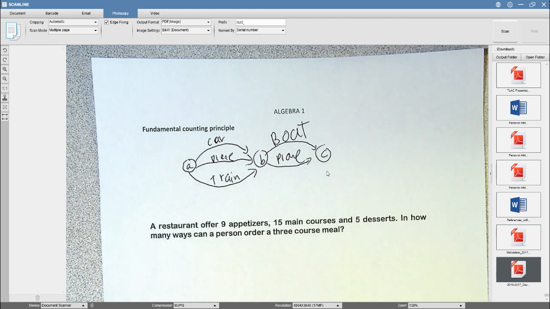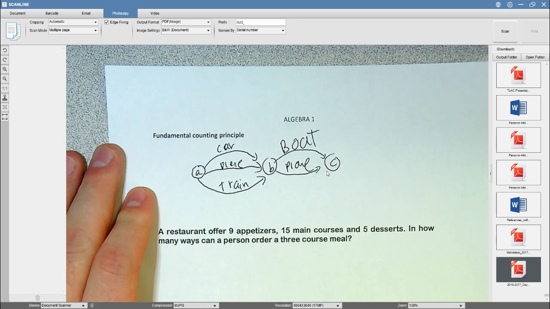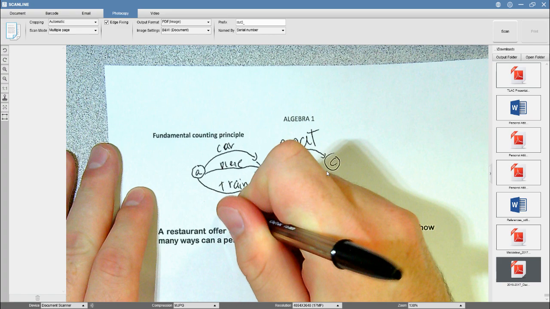Well, yes, it's called the fundamental counting principle, which states that the number of ways an event can occur is found by multiplying the number of choices we have each step along the way. So in this example, there was actually only two places where we need to make a decision.